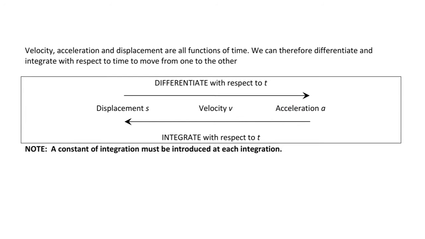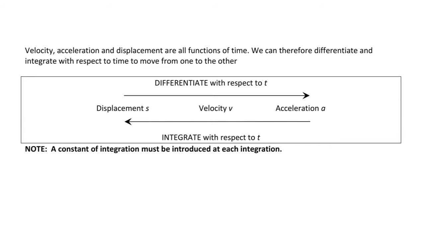Then if we're differentiating one way, we can integrate back the other way. So if we want to get from acceleration to velocity, we'll integrate with respect to t, and to get displacement from velocity, we'll integrate again with respect to t. And each time we integrate, we'll have to introduce a constant of integration.